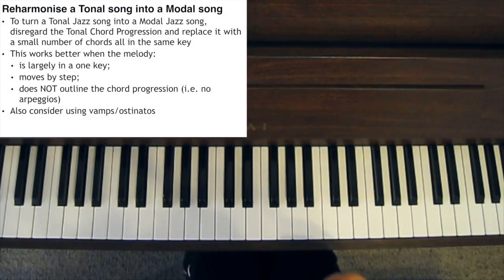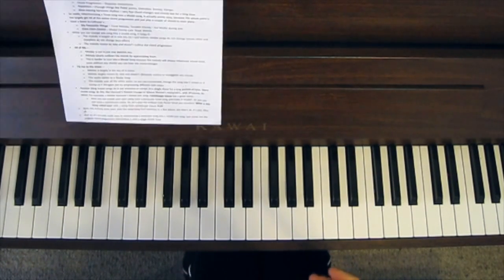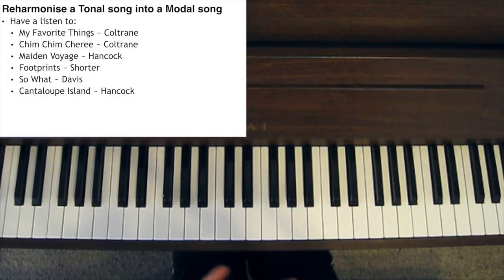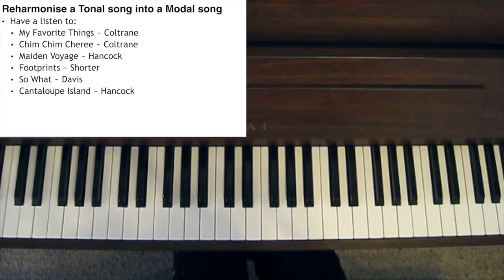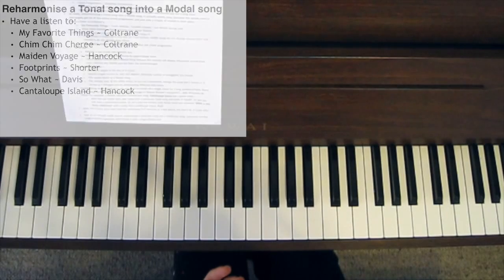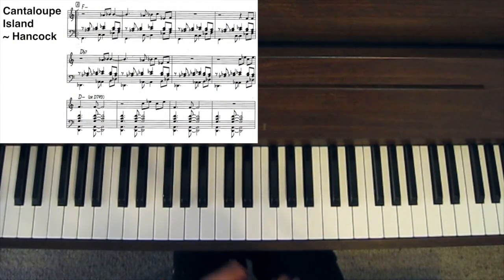Now, another thing that modal songs do is use ostinatos, or vamps, that sit on a single chord for a long period of time. Now, many modal songs do this. For example, Herbie Hancock's Maiden Voyage, Wayne Shorter's Footprints, and of course Miles Davis's So What. For example, Herbie Hancock's modal jazz song Cantaloupe Island has a great vamp that goes like this.